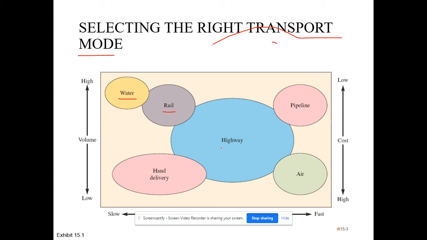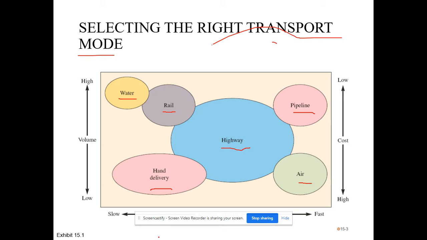You can send it through trucks or the carriages on the highway. That's road transportation. You can send the goods via air in the aeroplane. You can send the liquid or gas products via pipeline. Or if it's a small quantity, the retail distribution, it can happen through the hand delivery mode.